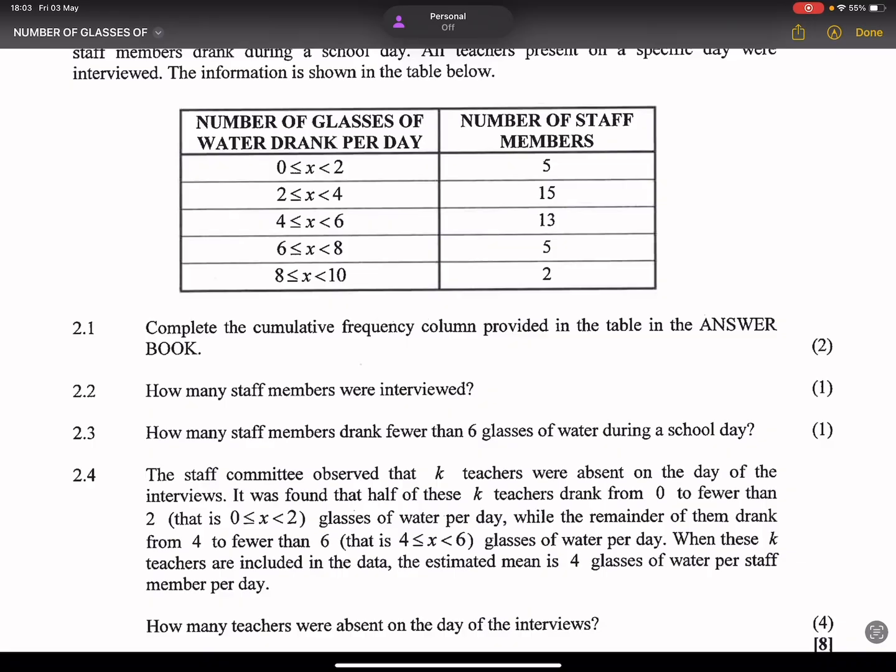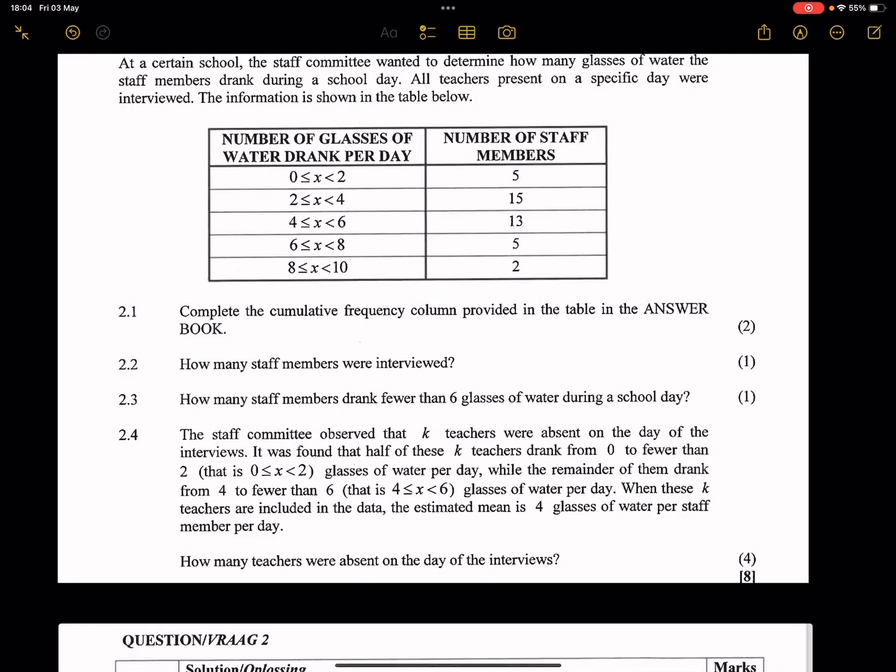All right, and so we hop on to question 2. At a certain school, the staff committee wanted to determine how many glasses of water the staff members drink during a school day. All teachers present on a specific day were interviewed, and the information is shown in the table below. X represents the number of glasses, and we've got the number of staff members for each.